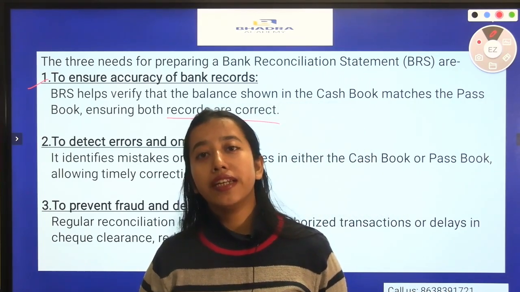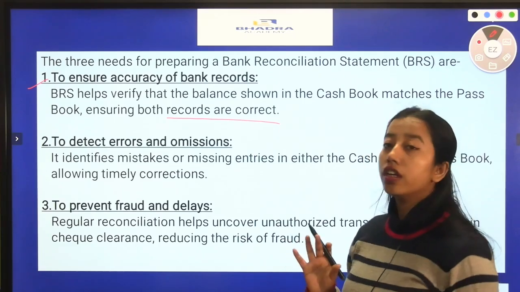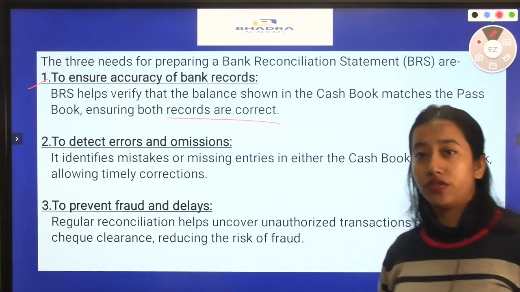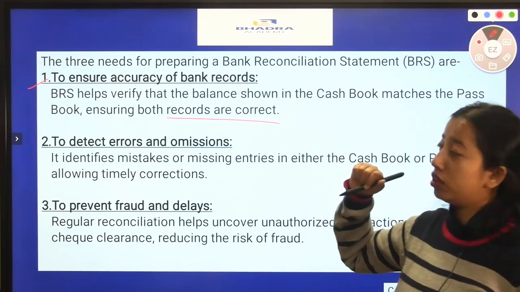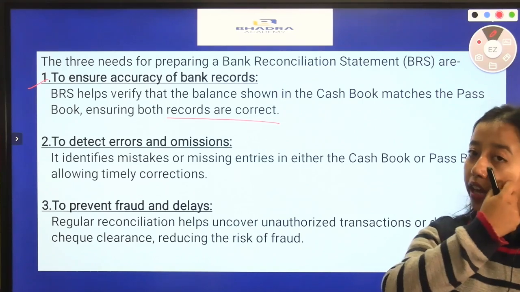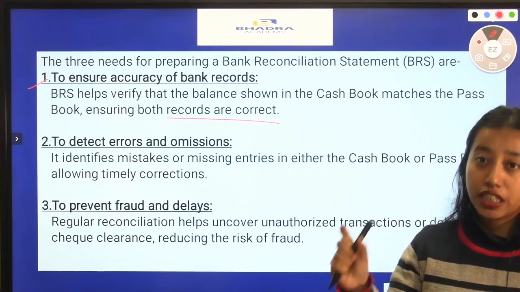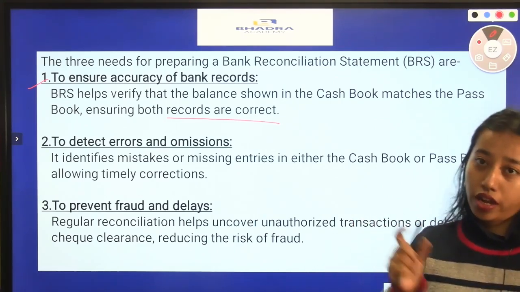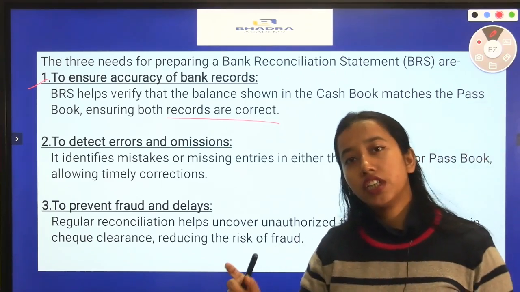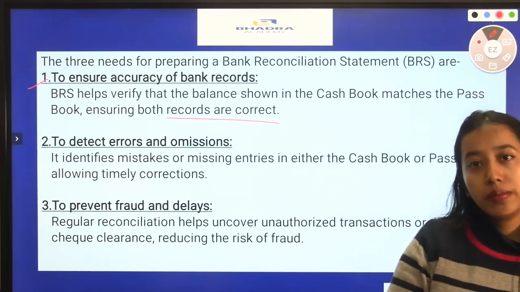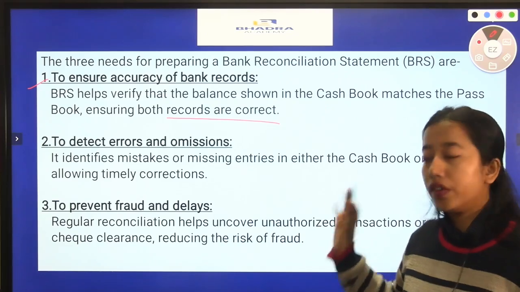To reconcile the balances so that they are compared with each other and finally match. And what does it do? It ensures accuracy of bank records, because there are different kinds of transactions every day by the bank and by the business as well. If a bank makes one transaction, that has to be recorded in the BRS as well, so that there is accuracy of the bank records.